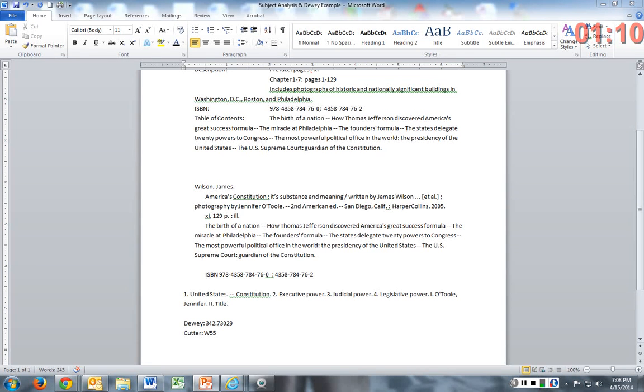Now I'm going to do that for our work here. We've got the Dewey call number for the Constitution of the United States, the cutter for Wilson, W55, and I'm going to put a work mark for America's Constitution, which is going to be A. Now if your title started with A, an, or the, all of those always drop out.